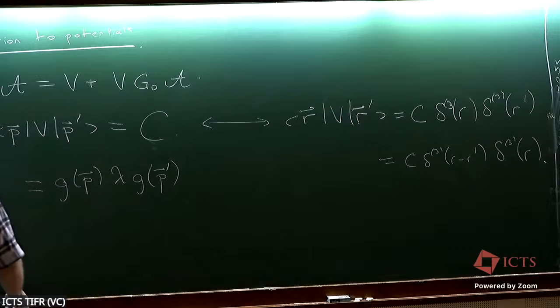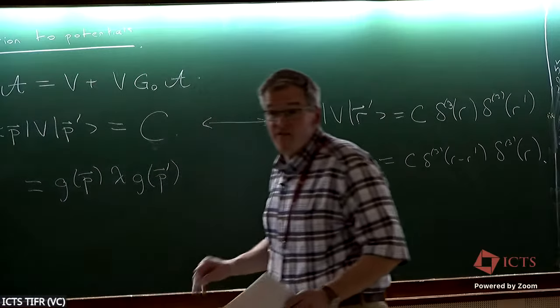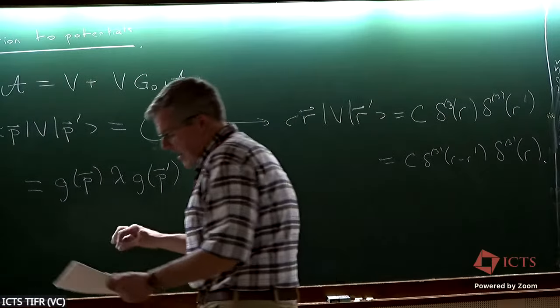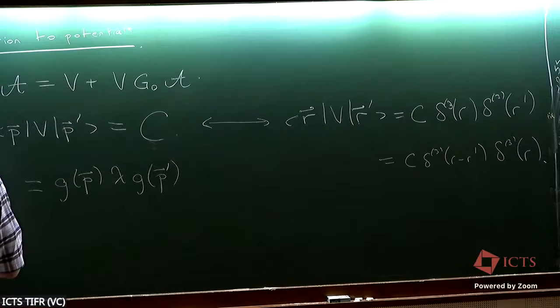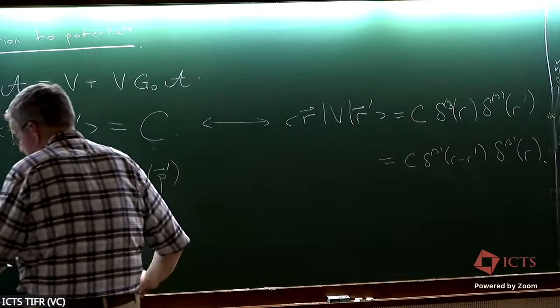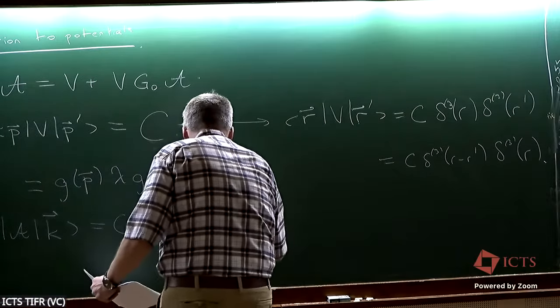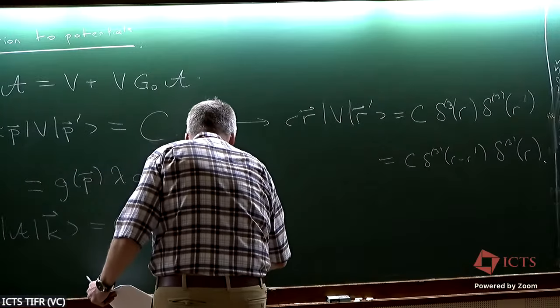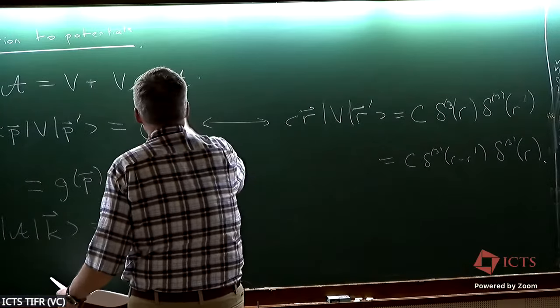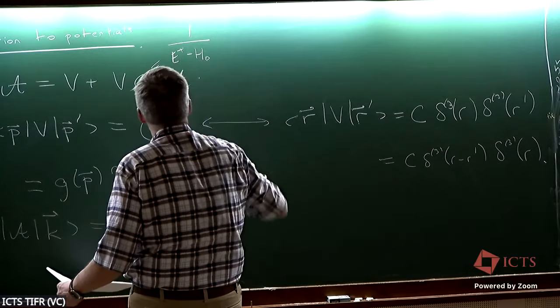What is nice about separable potentials is that the Lippmann-Schwinger equation factorizes, just like our equation factorizes. If I take momentum space matrix elements of the amplitude, G0 is 1 over E plus minus the free Hamiltonian.